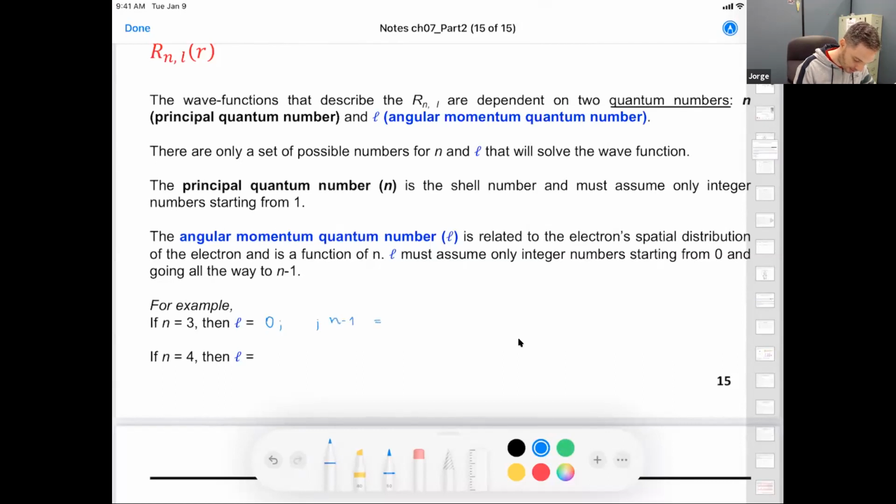For this case, N minus 1 is equal to 2, which means the max value for L is 2.